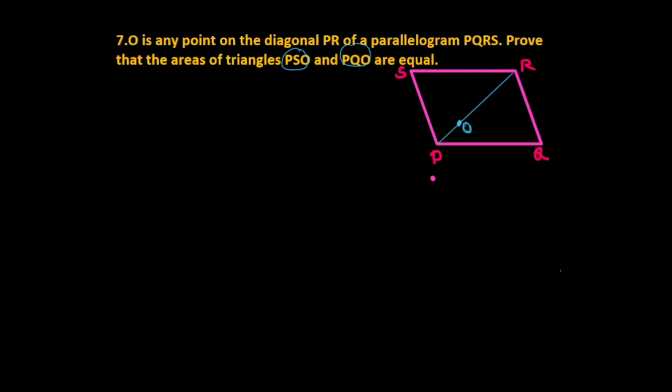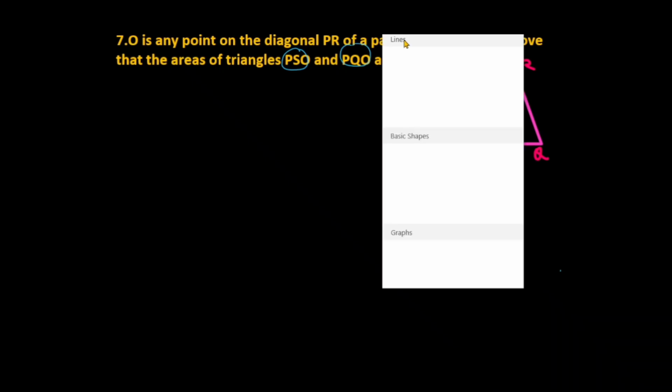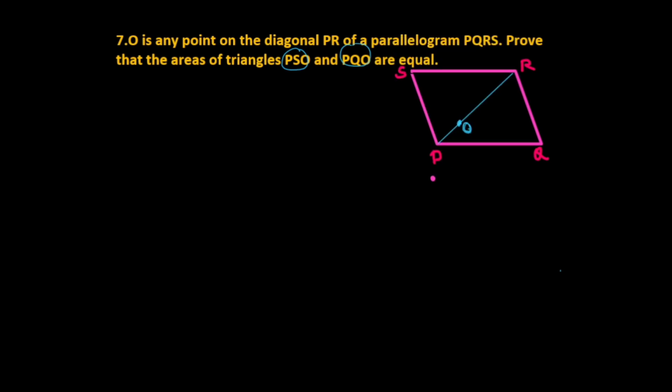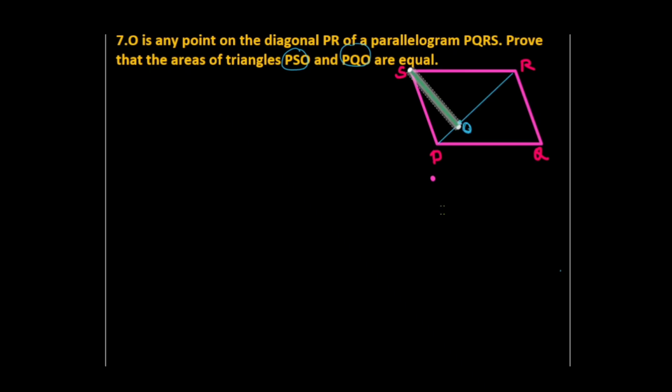Let's consider this point O nearer to P. Let's join this: this is triangle PSO. Then the next triangle, PQO, from O to Q. These are the two triangles, and we need to prove this.